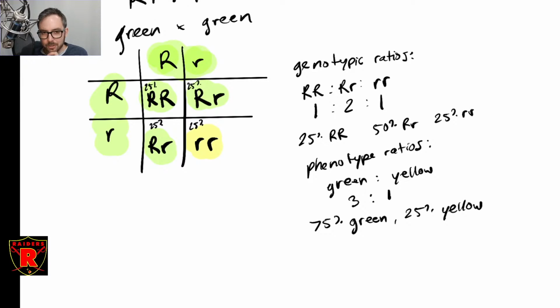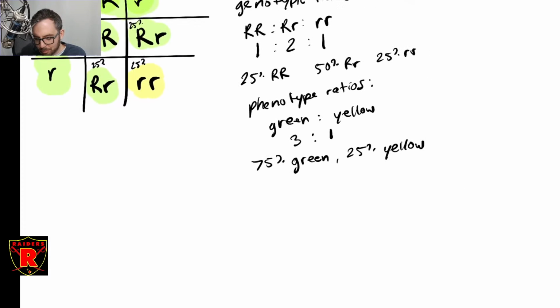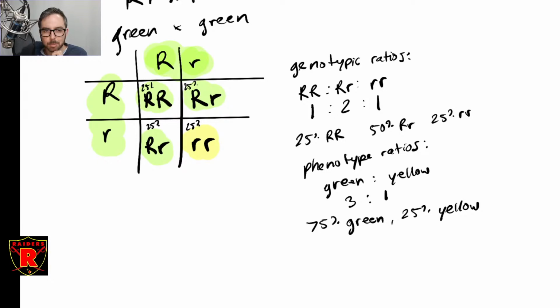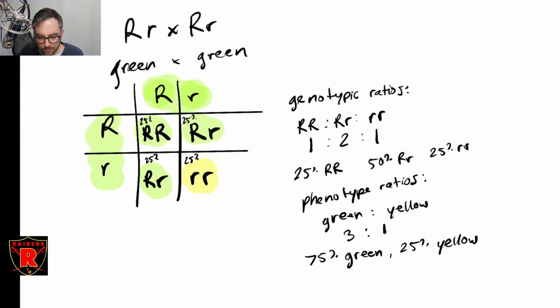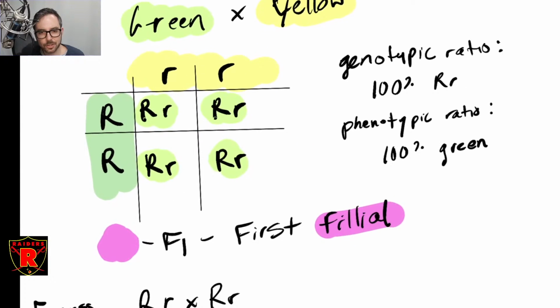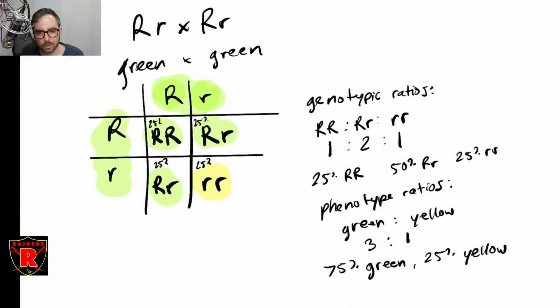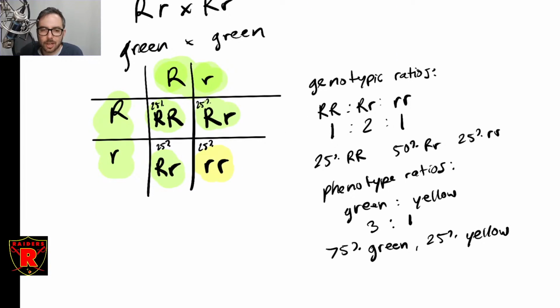But imagine that Mendel does this, and every single time he does it, he gets 75% green and 25% yellow when he breeds the children of this first pair. Okay, so he gets this first pair, the first filial, then breeds the first filial, an F1 cross, and every single time he's taking all green plants and getting 75% green and 25% yellow.